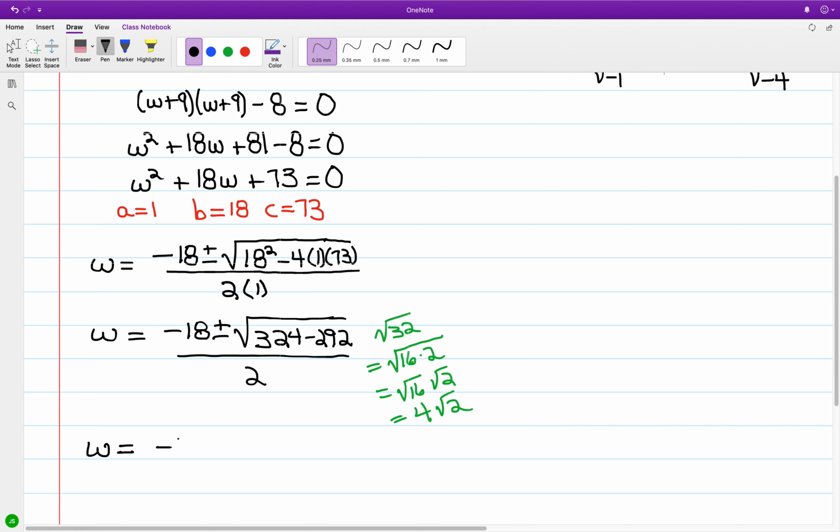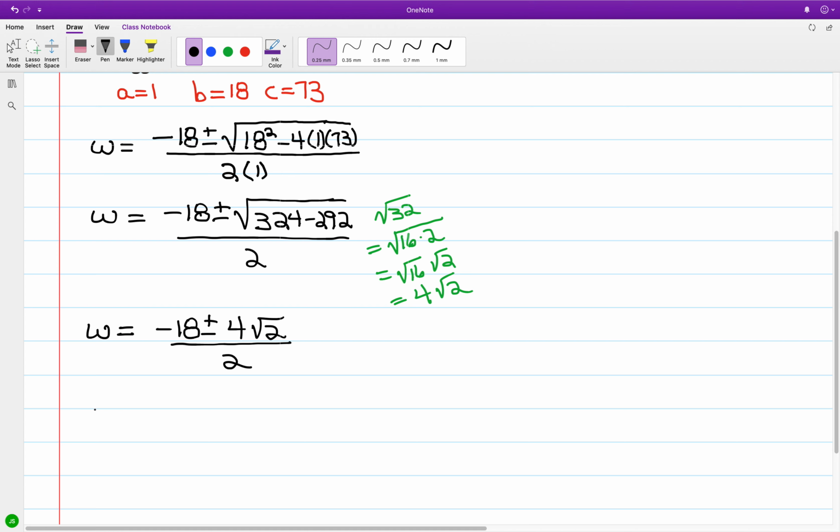Filling in, we got w is equal to negative 18 plus or minus 4 times the square root of 2, all over 2. If you notice, we have even coefficients. So if I factor out 2 from the numerator, we have 2 times the quantity of negative 9 plus or minus 2 times the square root of 2, all over 2, and the factors of 2 cancel out with the reduction.